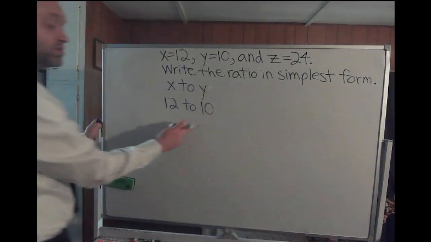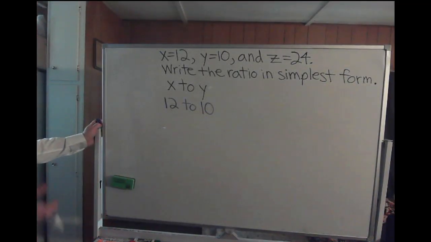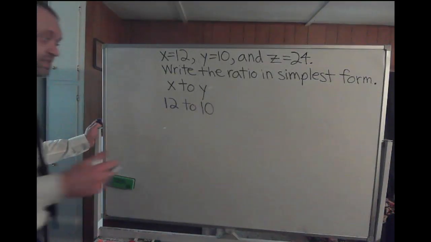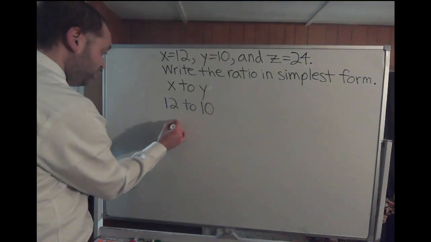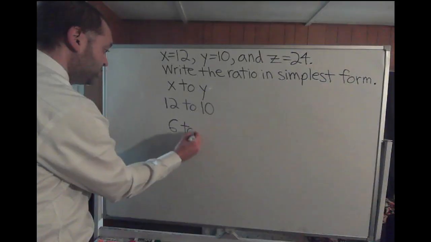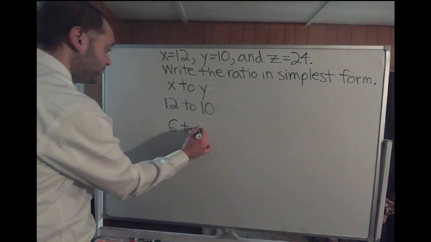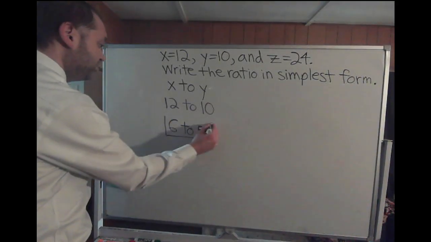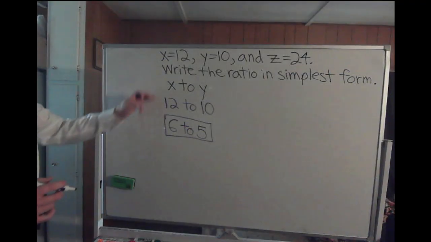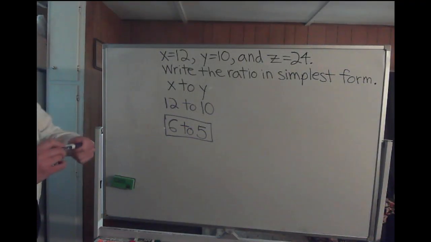So the ratio is 12 to 10. Well, we want to simplify this. In other words, factor out common factors, which would obviously be 2. The ratio would reduce to 6 to 5. So the simplest form of the ratio of x to y in this case is going to be 6 to 5.